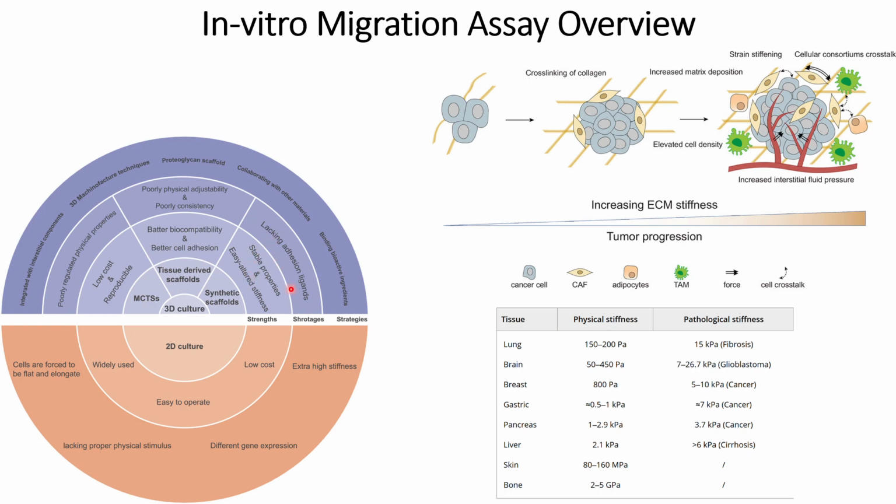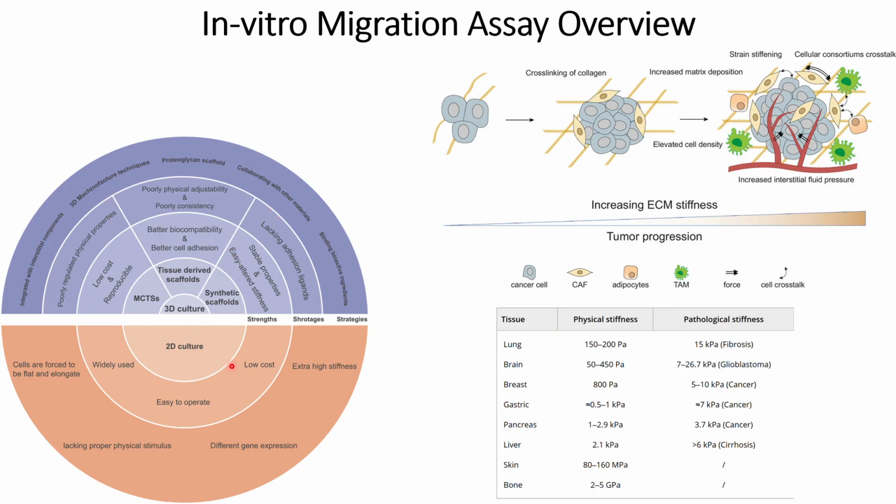But they lack the adhesion ligands, in other words the interactions that actually occur in vivo, within the body or within the patients. So this is the general overview of the 3D cultures.